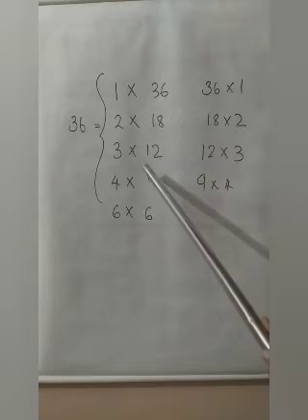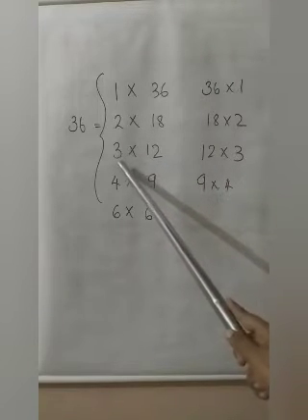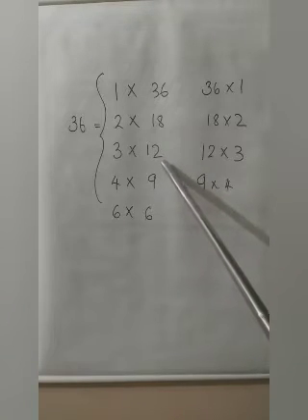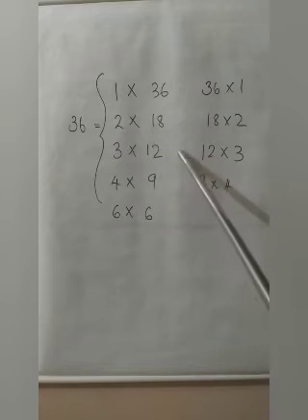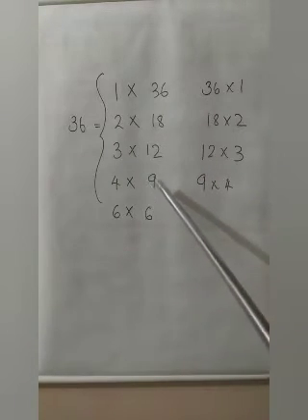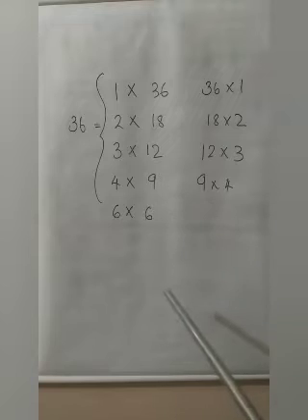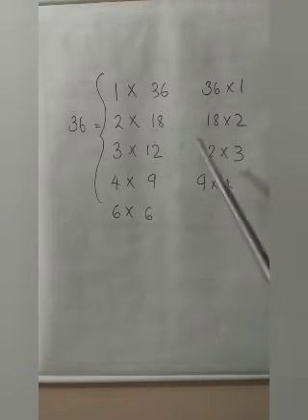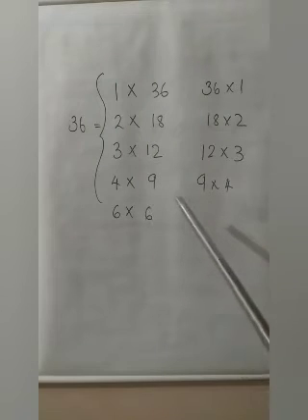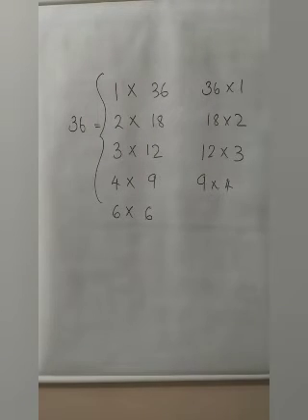Now the third case: here 3 is prime but 12 is composite. So this is also not a prime factorization. Here 4 and 9 are both composite, so this is also not prime factorization. Then 6 into 6, also a composite number.